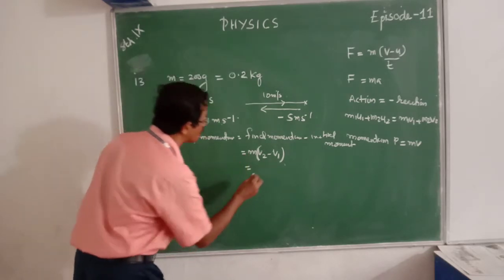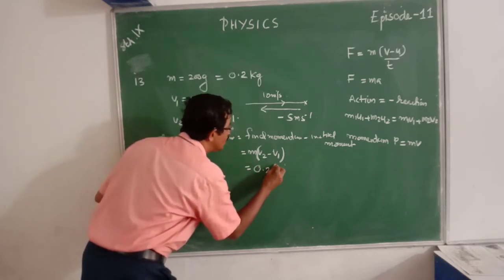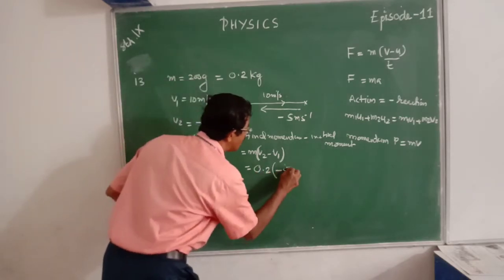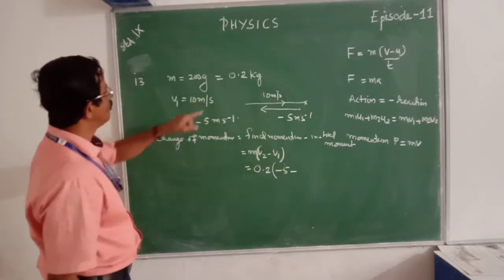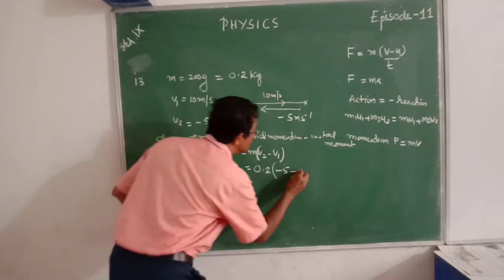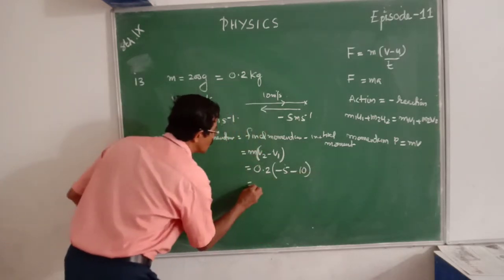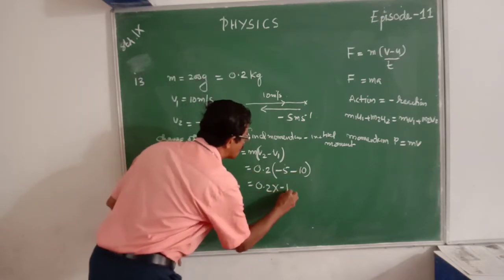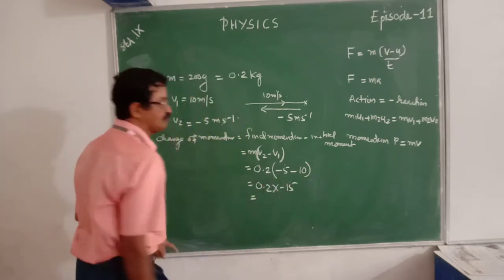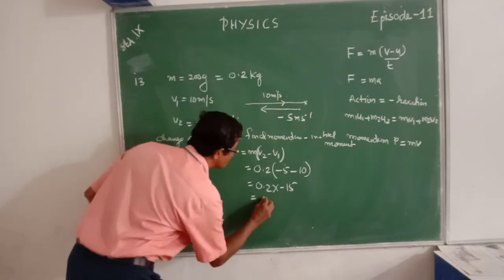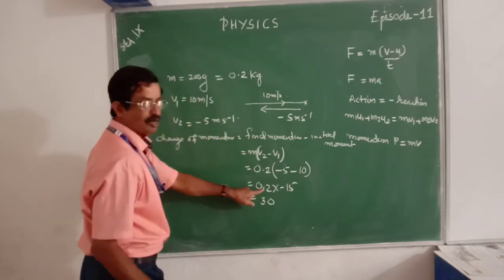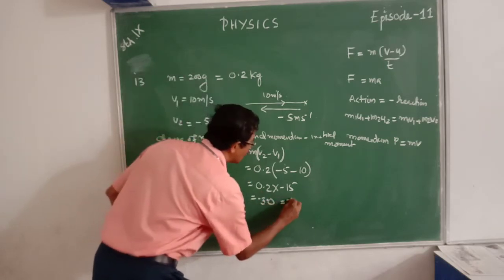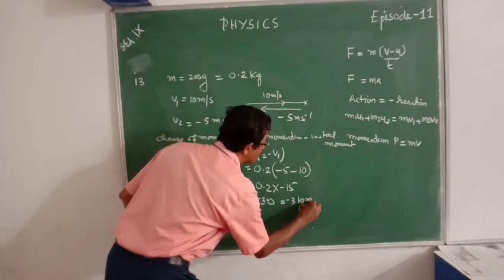How much is the mass? 0.2 into v2. v2 is how much? Minus 5, minus v1. v1 is how much? 10. That is equal to 0.2 into minus 5 minus 10, that is minus 15. That is 2 into 15, equal to 30, and with the decimal point we get minus 3 kilogram meter per second.